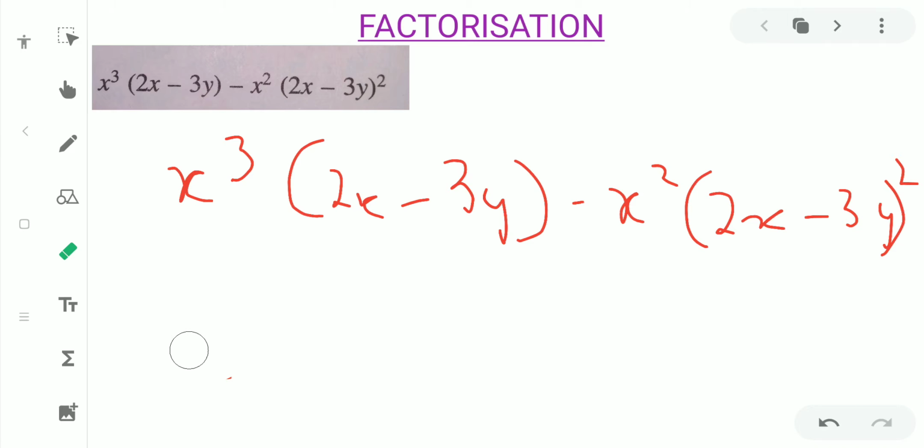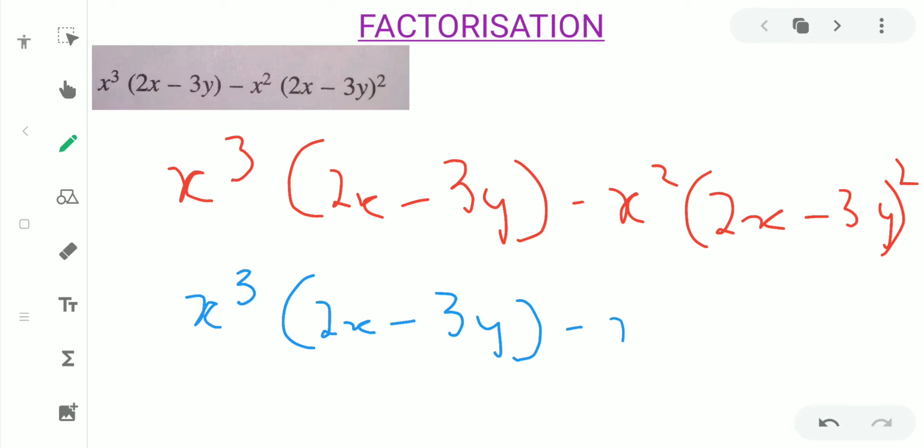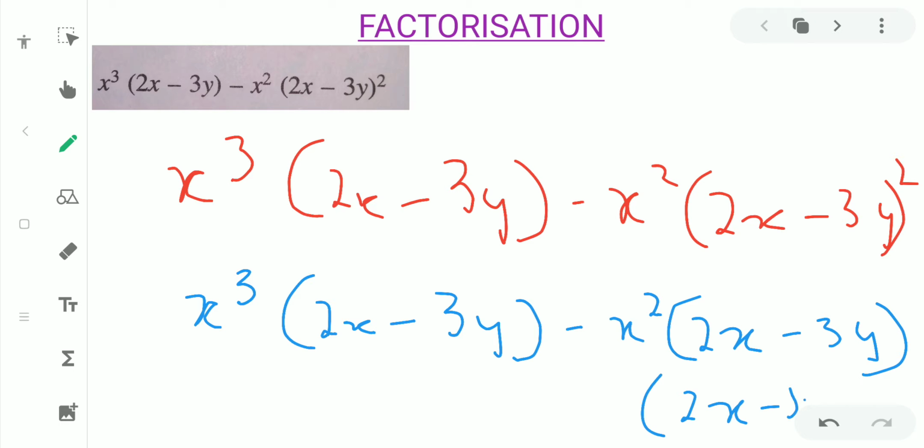So let us write x cube into 2x minus 3y, minus x square into 2x minus 3y into 2x minus 3y.